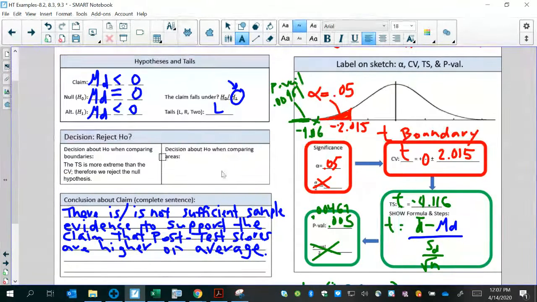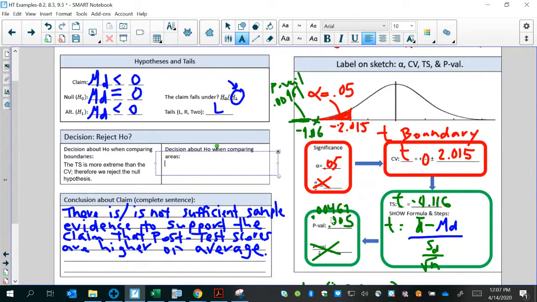Now the decision about the null hypothesis when comparing areas. What are the areas? The areas are the significance, the maximum allowed probability of making a type 1 error, and then the probability of getting this test statistic if the null hypothesis is true.